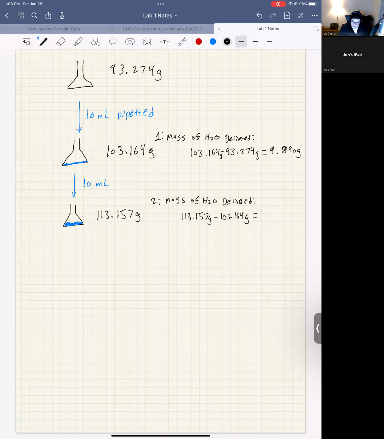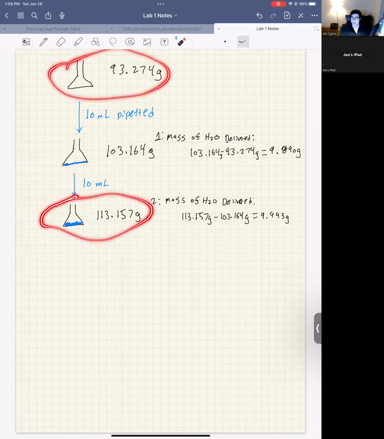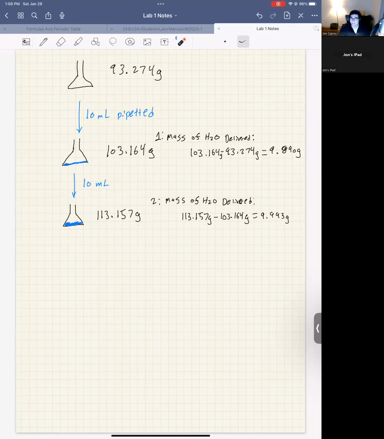And then this ends up being 9.993 grams. If you take the difference between this one and this one, you're going to get the wrong answer. You're going to get up to like 20, which is the total amount of water added, not the one delivered in that one step.